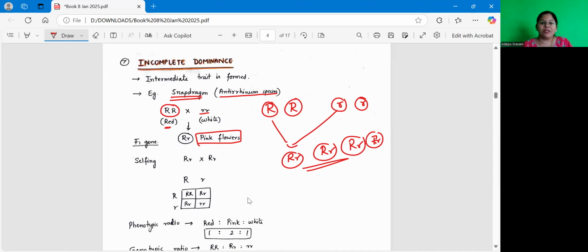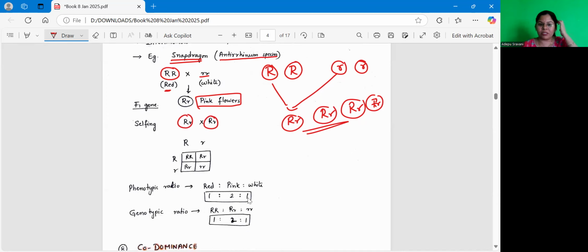Okay. And now when these pink flowers were selfed, when self-crossing was done, again, we have seen the genotypes like this. So the phenotype and the genotype were different. In the law of dominance, what was the phenotypic ratio we got? 3:1. 3 were tall and 1 was dwarf, isn't it?